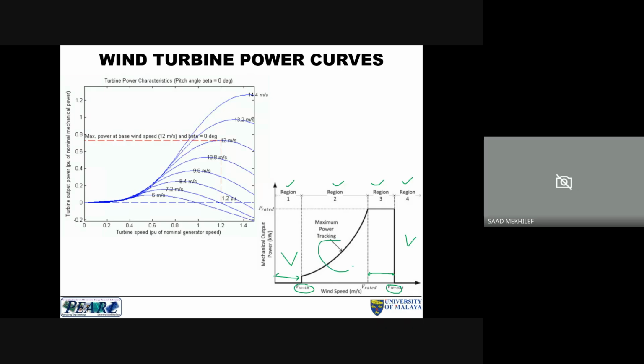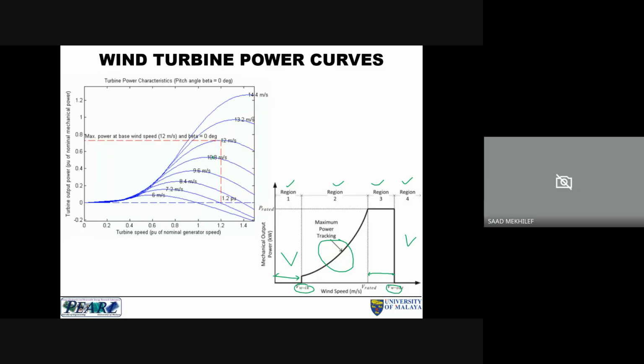Within this region, we need to track the maximum power. If you look into this wind turbine, you can see here the wind turbine speed, and here the wind turbine power, at different speeds, for example 6 meters per second, 7.2, 8.4, 9.6, 10.8, and so on, 12, 13, and 14. On each curve there is one operating point, which is the maximum power.